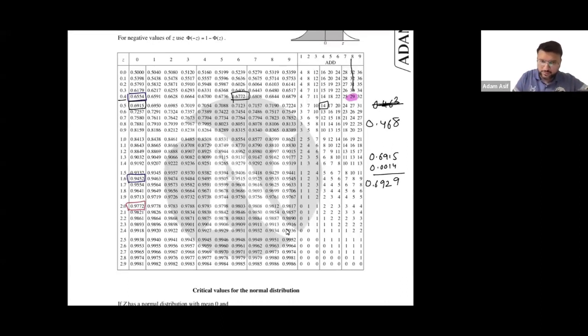2.079 would simply mean 2.07, okay? Not 2.00, 2.07, 0.9808 plus the ninth value 0.0004, that's going to be 0.9812.